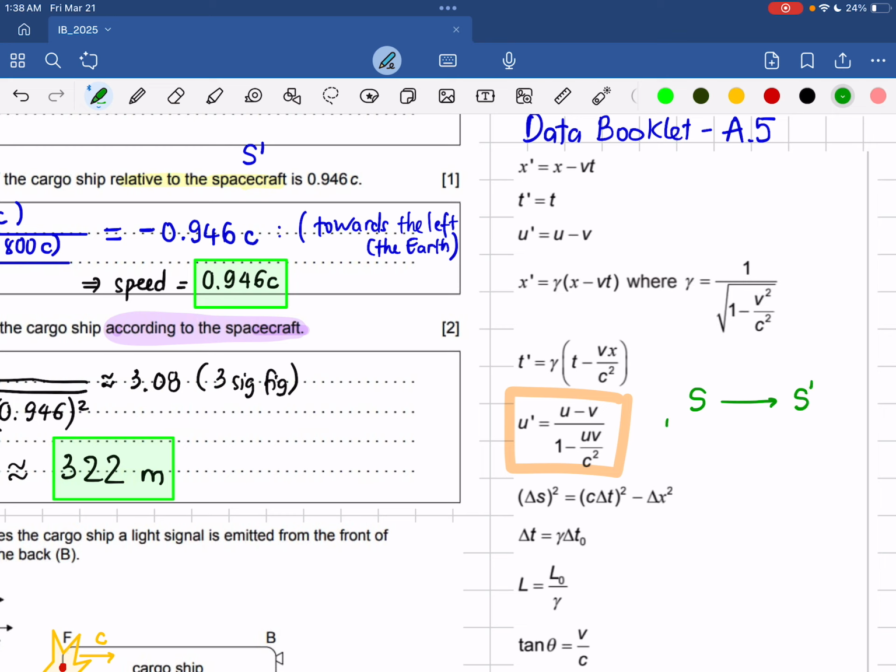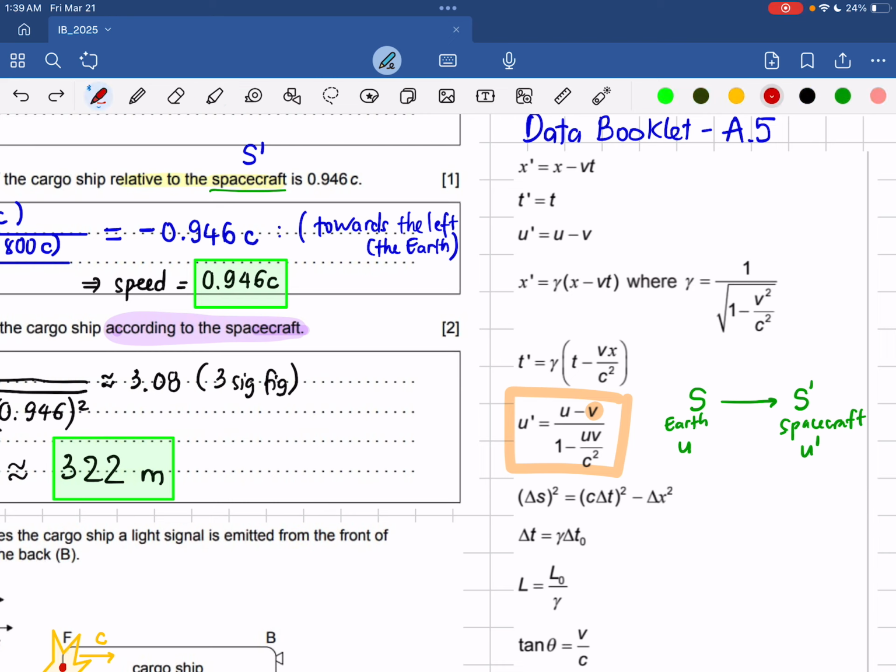So the Earth is what we got from the beginning, and the S prime here is what we need to see from that frame. So basically here, this should be the spacecraft, okay? So you can see that on the Earth, if something is moving at a speed u, then from the spacecraft that something should be moving at a different speed u prime. And it will change based on this v. And what is this v? This v here is the speed.